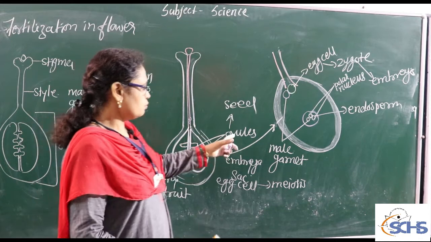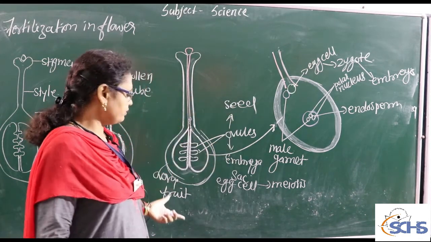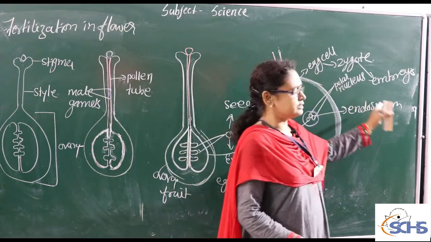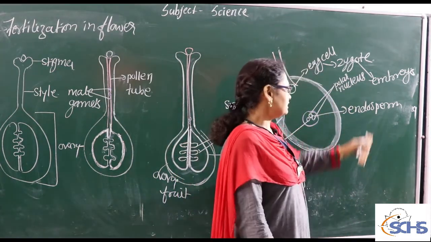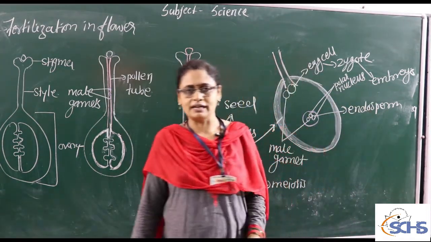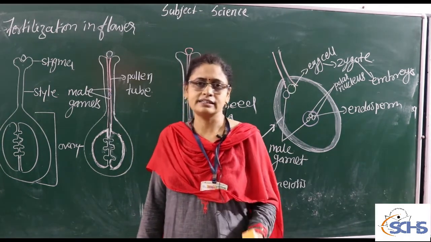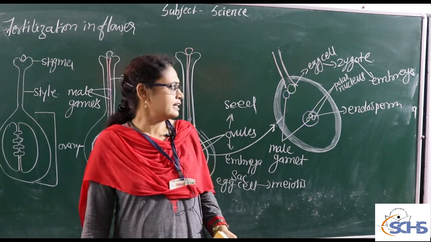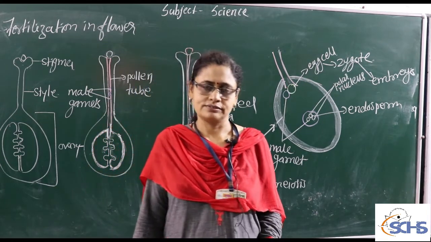Okay. So ovules are converted into the seed and the ovary is converted into the fruit. And after that, as the process of germination occurs, this embryo, that is the baby plant, takes its nutrition from the endosperm and germinates and forms the plantlets. Thank you.